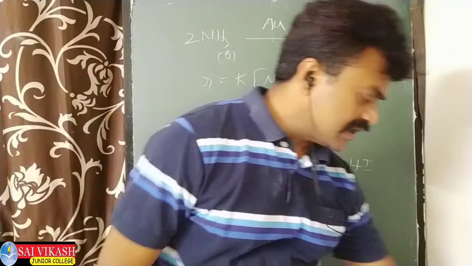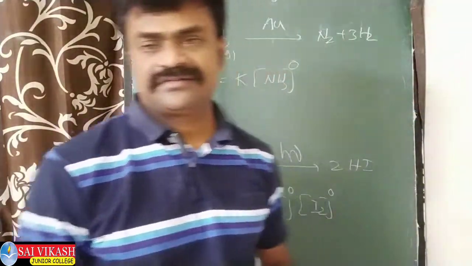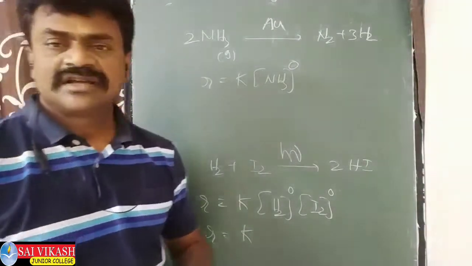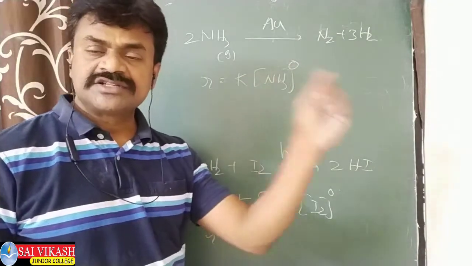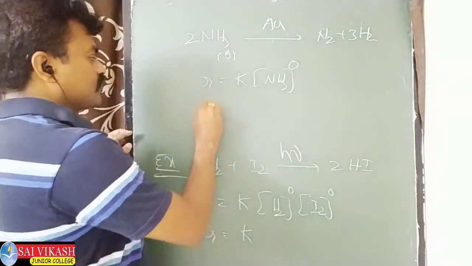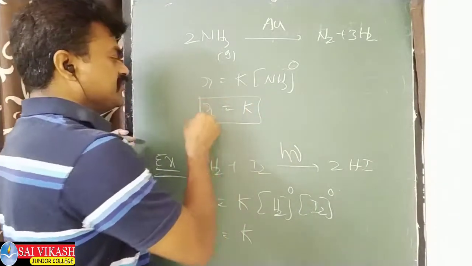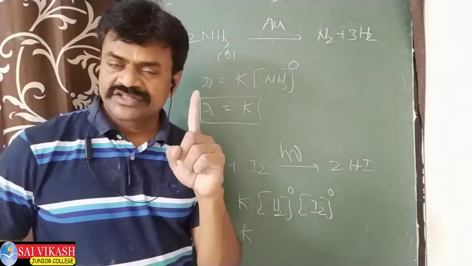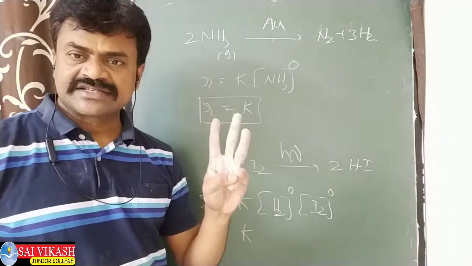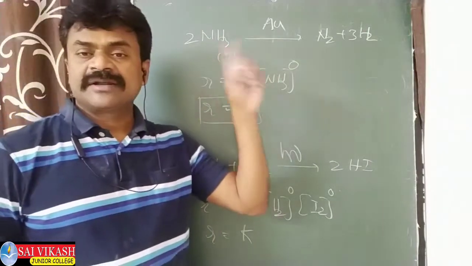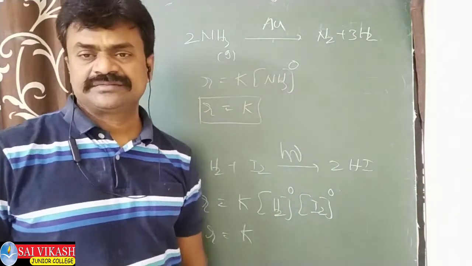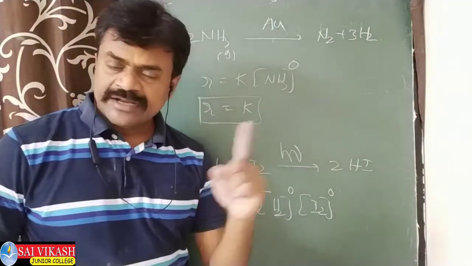That's why it always goes on at constant speed, so the rate is constant, and therefore the order is 0. So for this also R equal to K will come. So photosynthesis, reactions going on in the presence of sunlight, and gases occupying metal surfaces are also considered zero order reactions. So order can be anything.